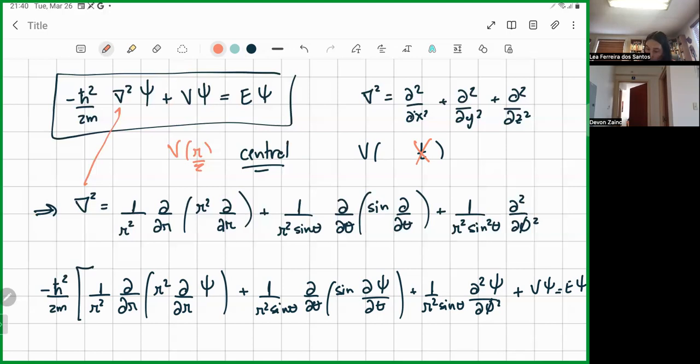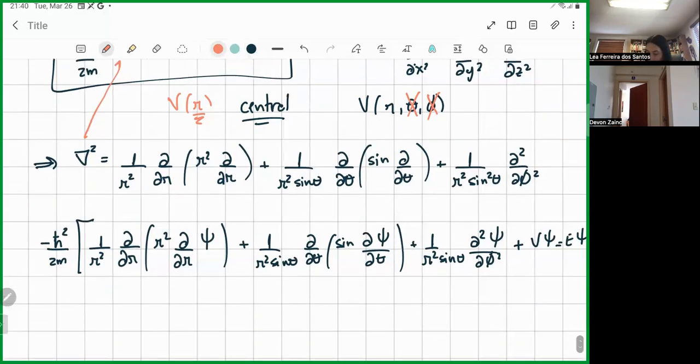Okay, this is what we already did. Now, we are in this second step. We have a potential that, in principle, could depend on r, theta, and phi. But we are saying, no, it does not depend on the angles. So again, we can do separation of variables, just as we did before.